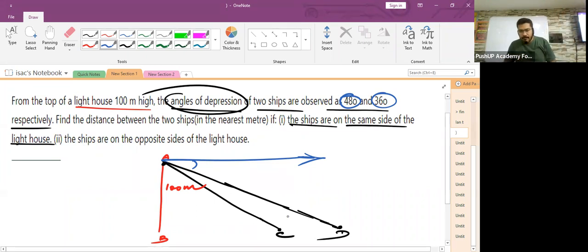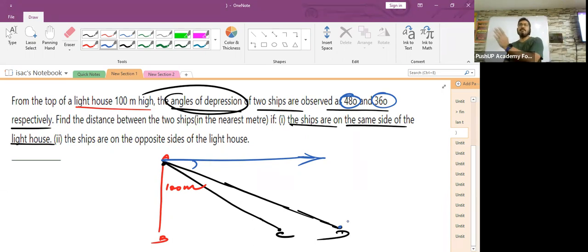So here, which ship is further or more far from the lighthouse? It is ship D. That means its angle of depression should be lesser. Isn't it? More is the distance of ship D from the lighthouse, lesser should be the angle of depression.